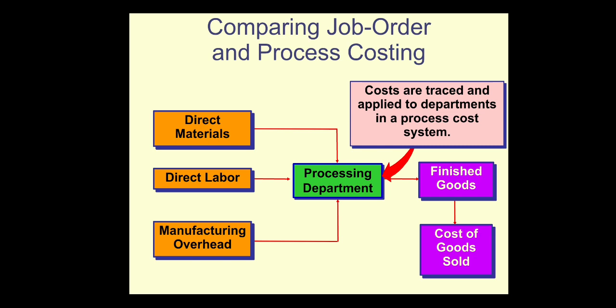There is a factory, Coke factory, and in that factory there are many departments. Maybe it starts with the department that handles the mixing of the material. Maybe the first department is mixing the water, the sugar, the flavor.